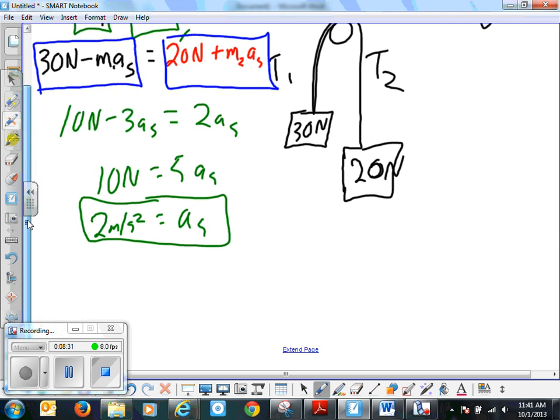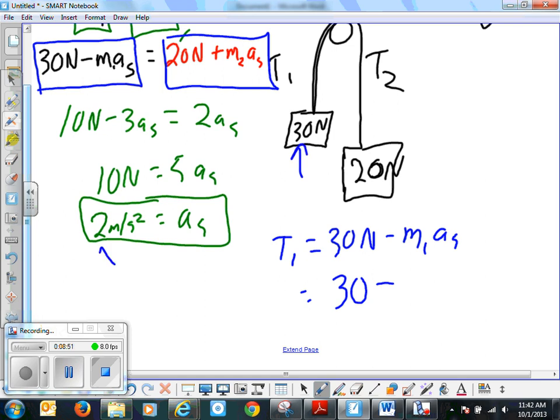T1 equals 30 newtons minus mass 1 times acceleration of the system. So 30 minus, mass 1 is 3, times 2, 6. So T1 is 24 newtons.